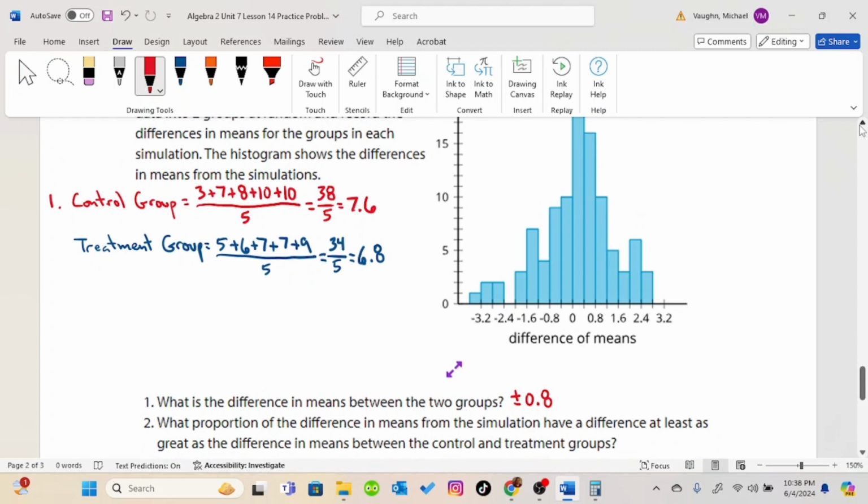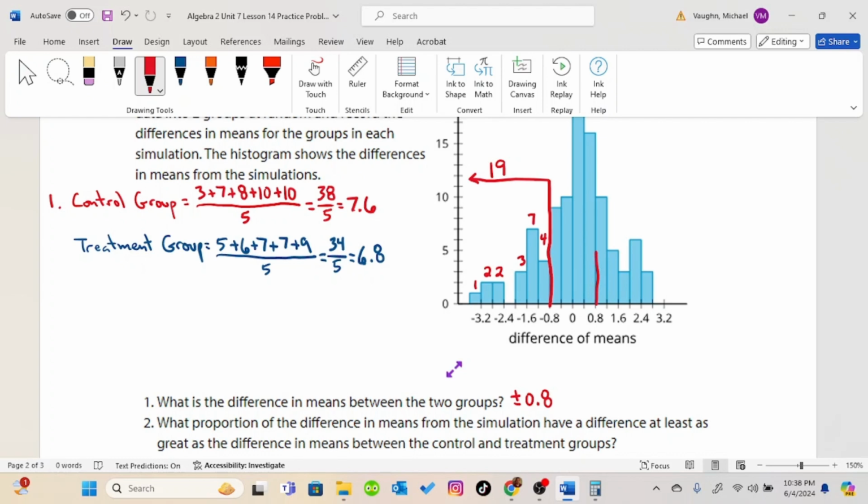So below negative 0.8, we have 4, 7, 3, 2, 2, and 1. 4 plus 7 is 11, plus 3 is 14, plus 2 is 16, plus 2 is 18, plus 1 is 19. So it occurs 19 times on this end.